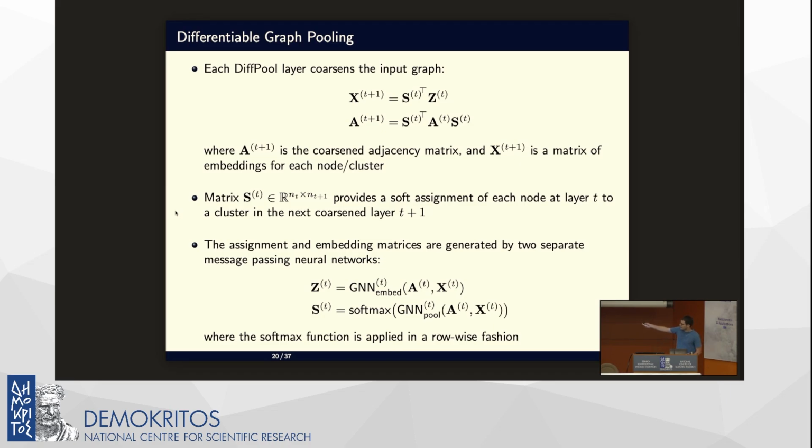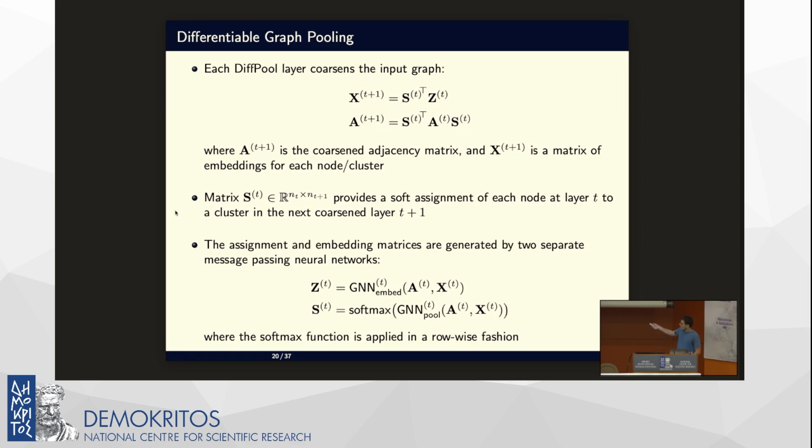The matrix S consists of N_t rows, where N_t is the number of nodes of the current graph, and N_{t+1} columns, where N_{t+1} is smaller than N_t, and it's the number of nodes of the new graph that will be produced after the pooling operation. And once we have computed this matrix, we can do these matrix multiplications and get the new matrix of node features and new adjacency matrix of the graph.